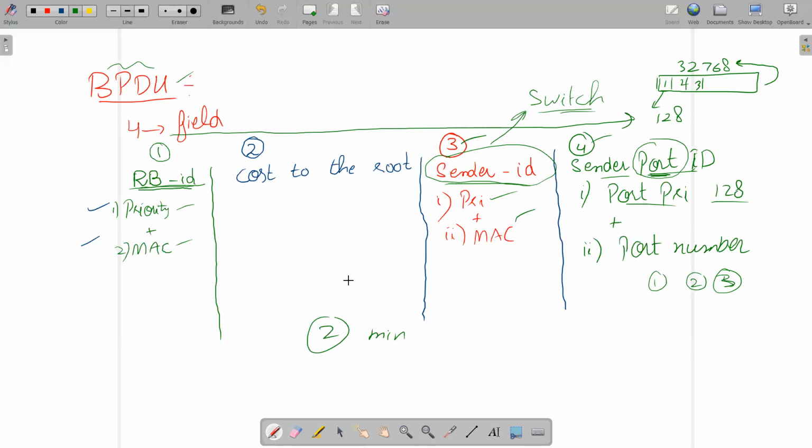Write down these steps, write down these 4 fields, and keep that in your mind. And then we are going to write the BPDU packets. And it's very easy. In the beginning, you may find this difficult, but after a few minutes, it will be very easy for you.